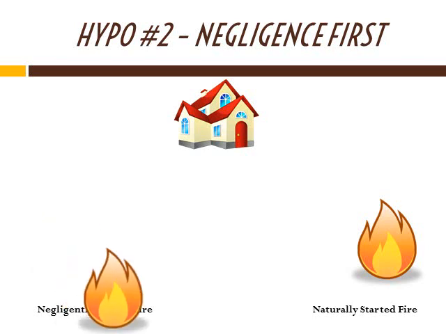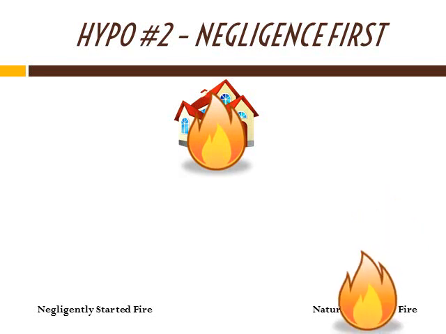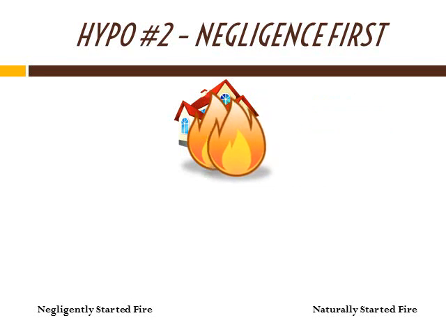Well, let's switch it up. Let's say the negligently started fire gets there first, and 20 minutes later, a naturally started fire gets there. And let's say we know that if the negligently started fire had not gotten there and burned the house to the ground, the naturally started fire would have done the job anyway.